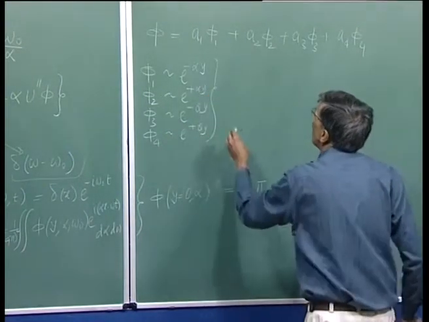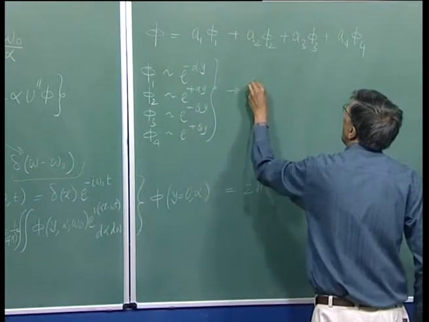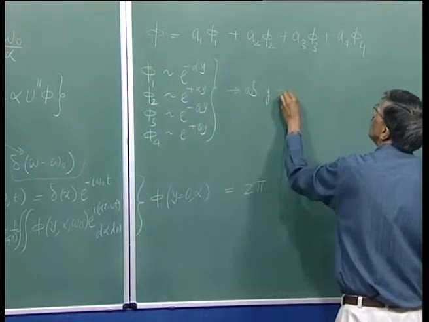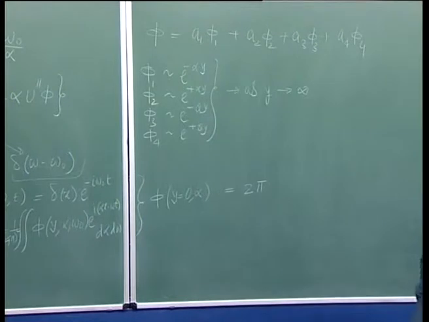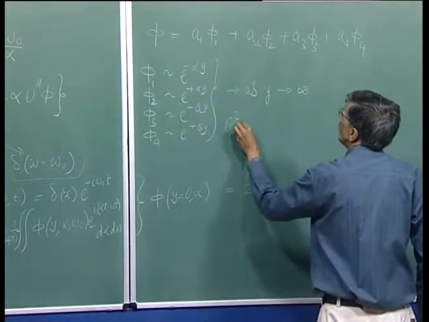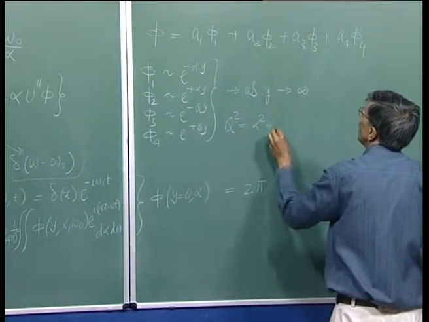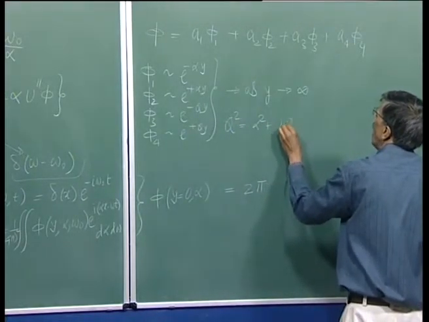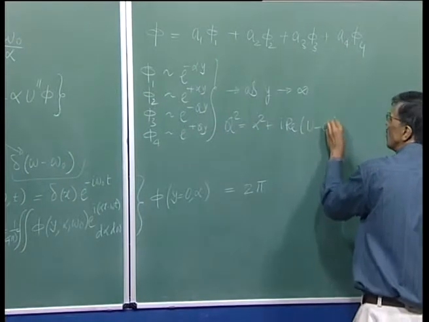This is what we get as we go out of the shear layer, and you recall that q square was alpha square plus i r e times u minus c.